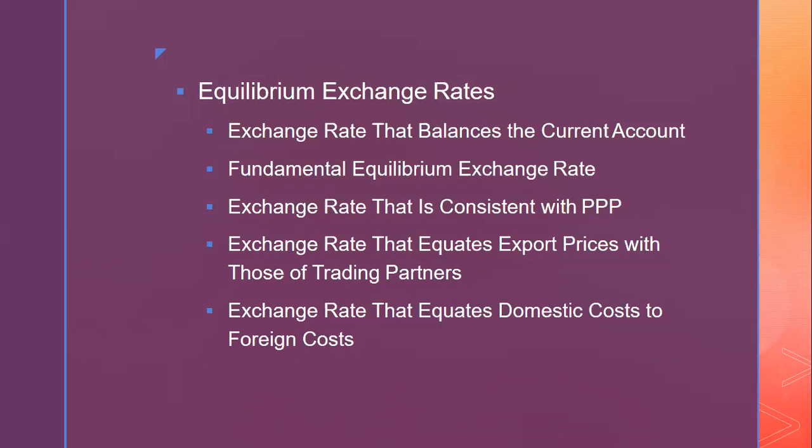These are 5 guiding exchange rates to give you an idea of what type of equilibrium exchange rate should be there in the economy. There can be many definitions, but among all of them, these are the 5 main definitions of the equilibrium exchange rate.